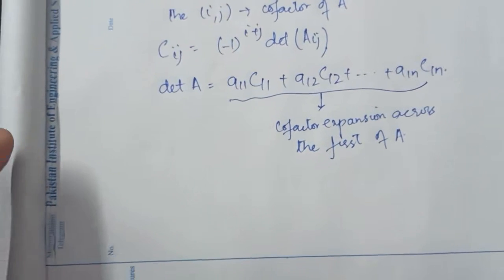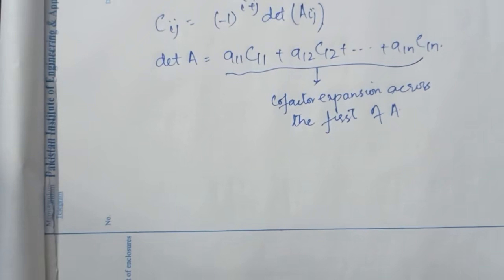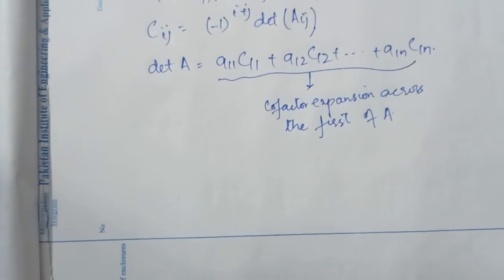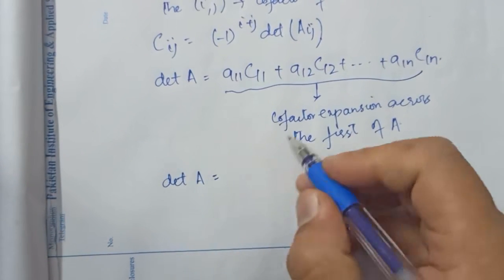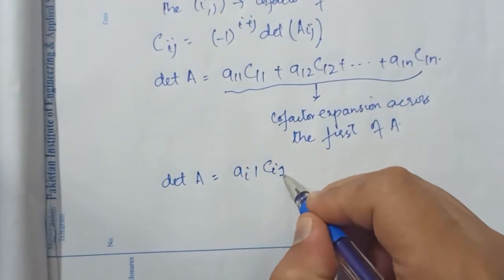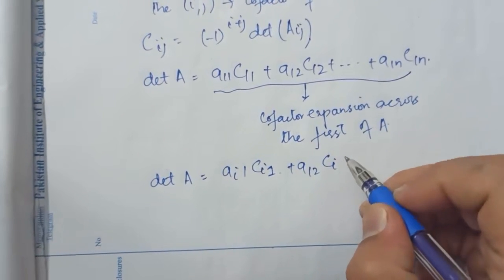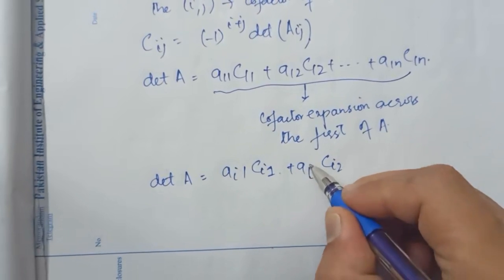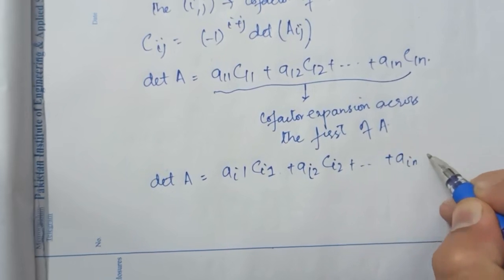Now, generally, the determinant of any n by n matrix A can be computed by cofactor expansion across any row or any column. So the expansion across the ith row using the cofactor can be written as: determinant of A equals Ai1 Ci1 plus Ai2 Ci2 plus ... plus Ain Cin.